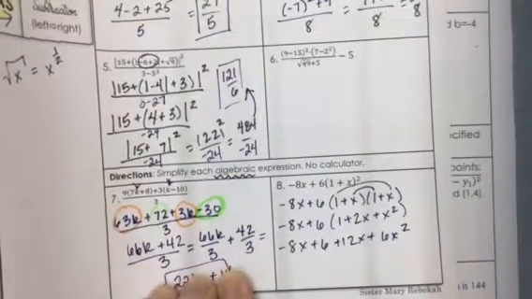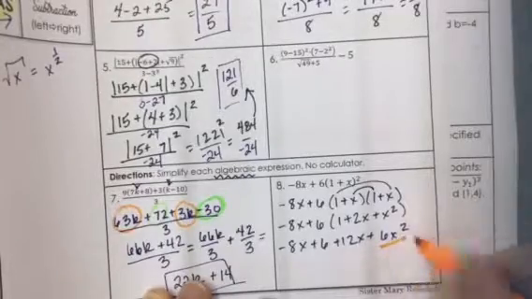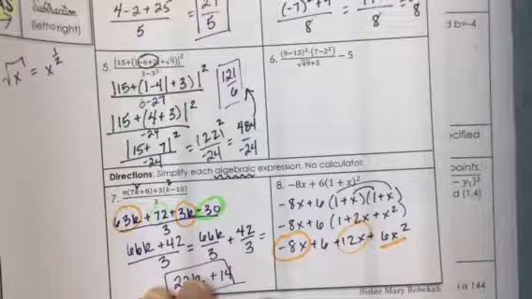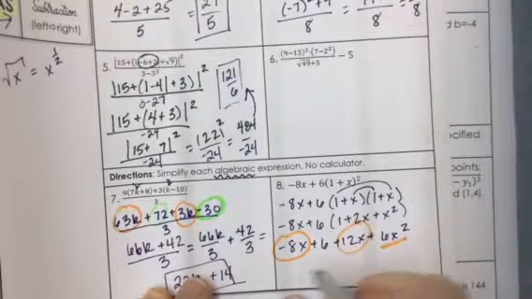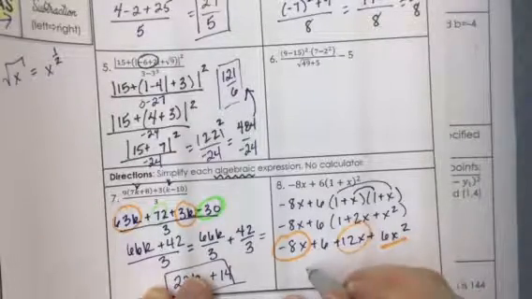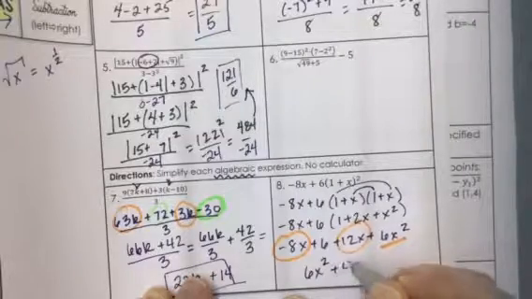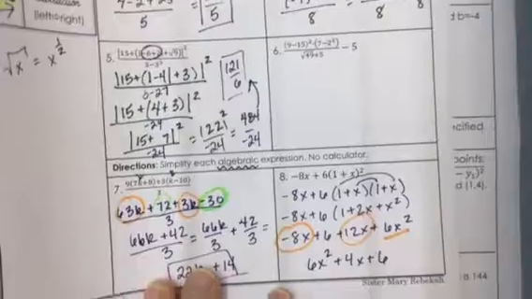Okay. That x squared is by itself. There's no like term with it. But then negative 8x and 12x, those are like terms. So I can combine those, reorder it so that my highest exponent is first, so 6x squared plus 4x plus 6. And that's my final answer.